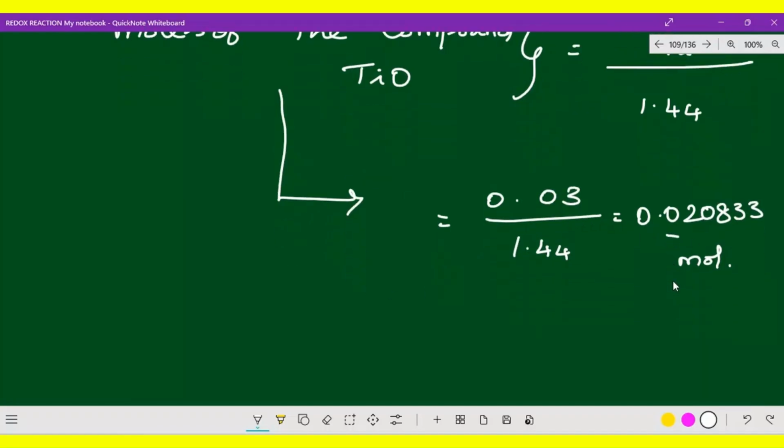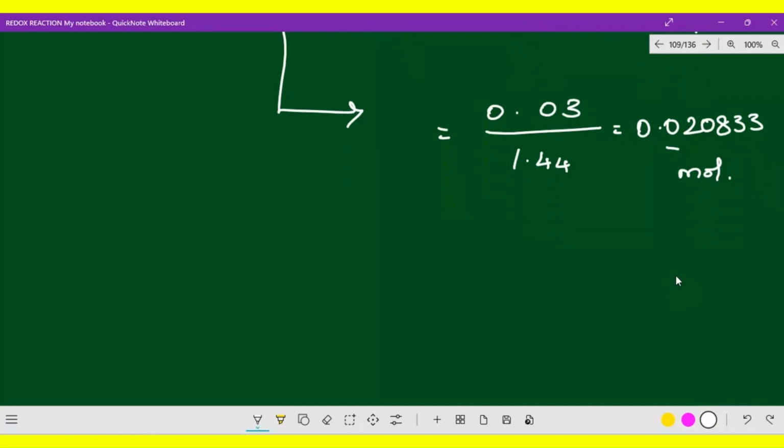Now let us identify the molar mass of titanium oxide, which is atomic mass times the constituent ratio.